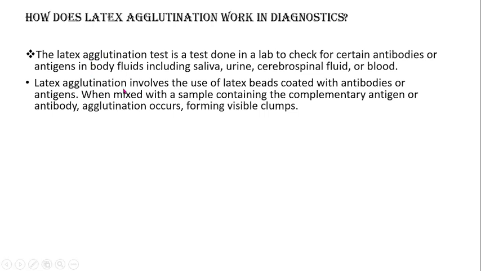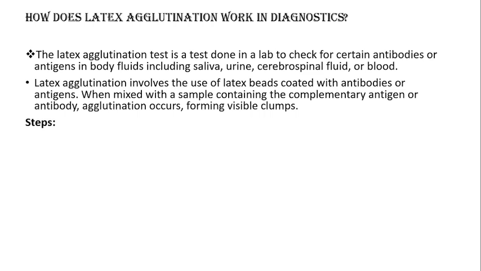The latex agglutination involves the use of latex beads coated with antibodies or antigens. When mixed with a sample containing the complementary antigen or antibody, agglutination occurs, forming a visible clump.